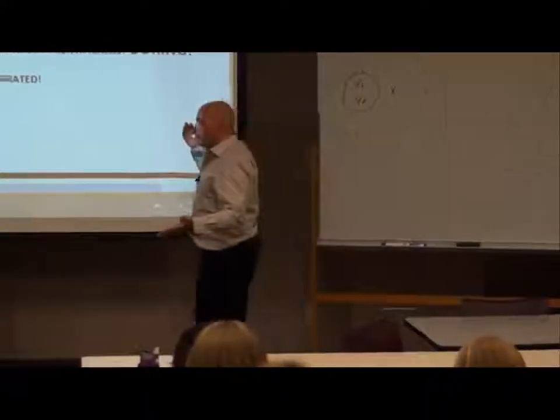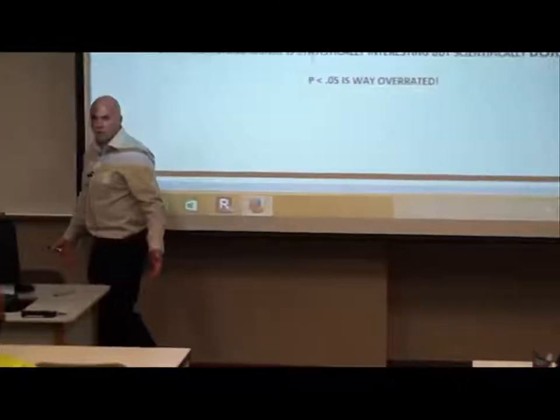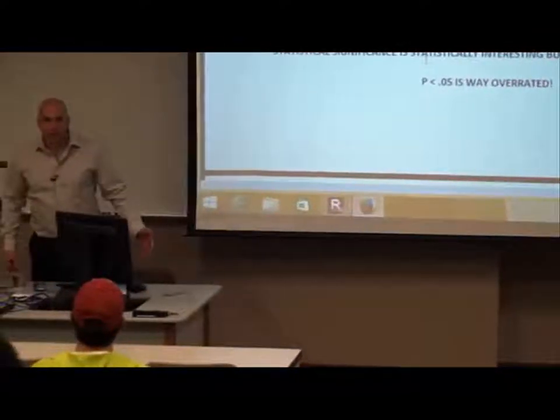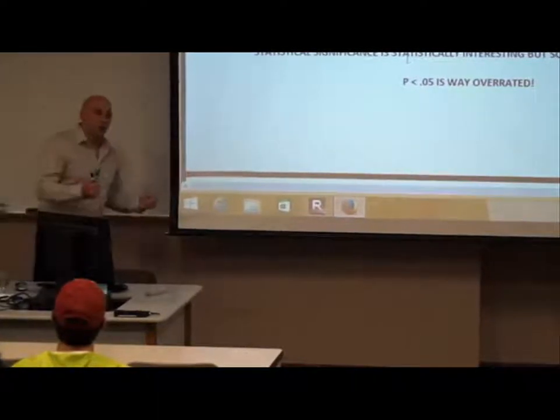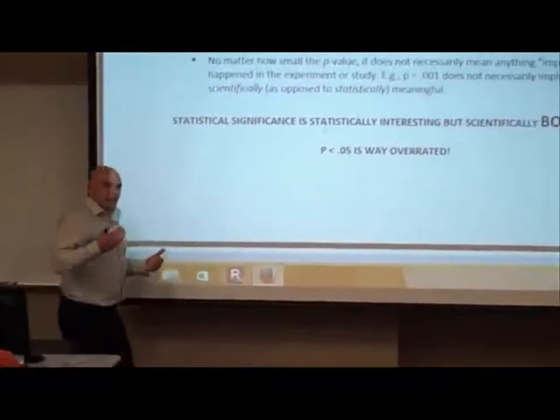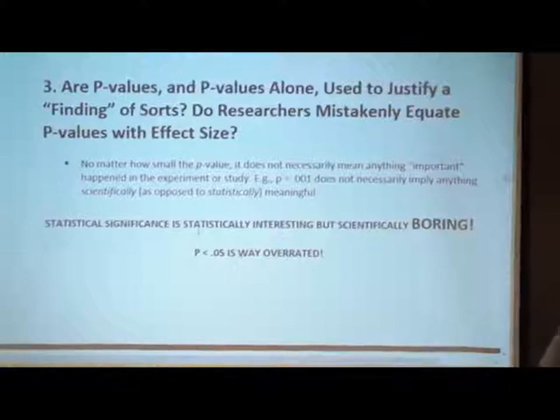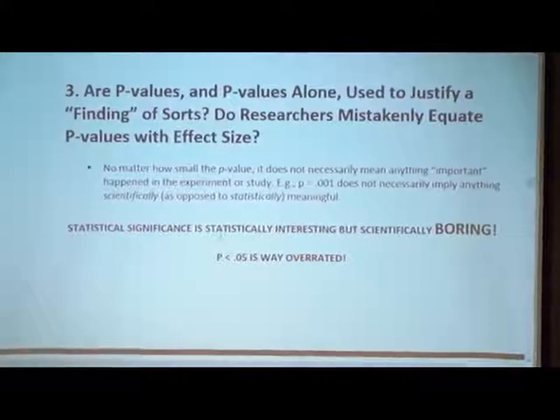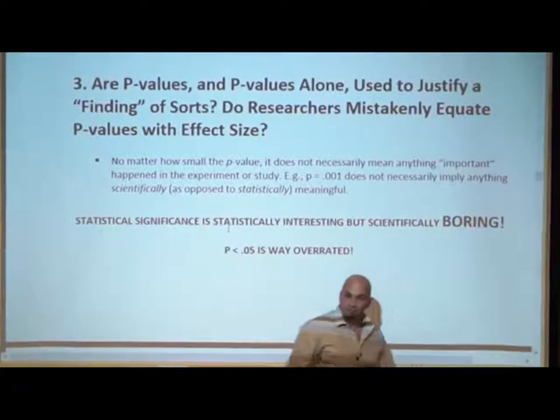Methodologists have known this for years, and there's a whole litany of research on the p-value, problems with interpreting p-values, and problems of inferring things from p-values. Yet it still goes on, where we see results in journals where p is less than 0.05, and that's somehow evidence for an effect.